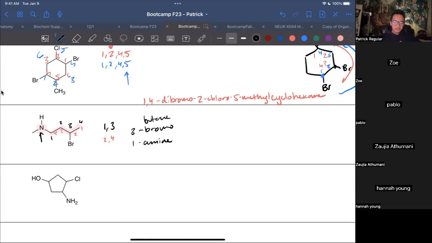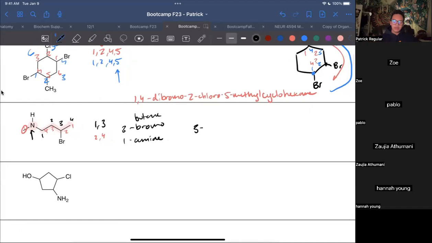Now, we also have a methyl group right here. How do we denote that? Because that's still a branch, but it is attached to the nitrogen. So we would give it the denotation of N. So in actuality, we would have 3-bromo-N-methylbutan-1-amine.